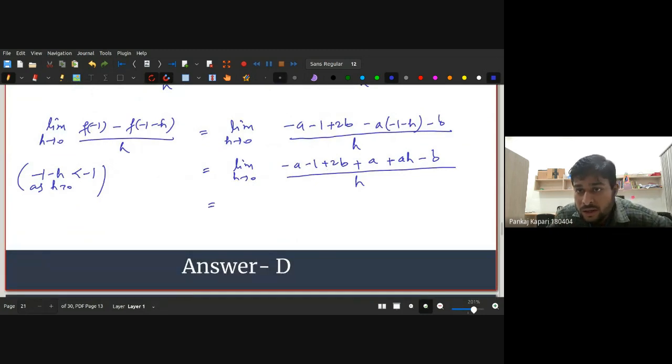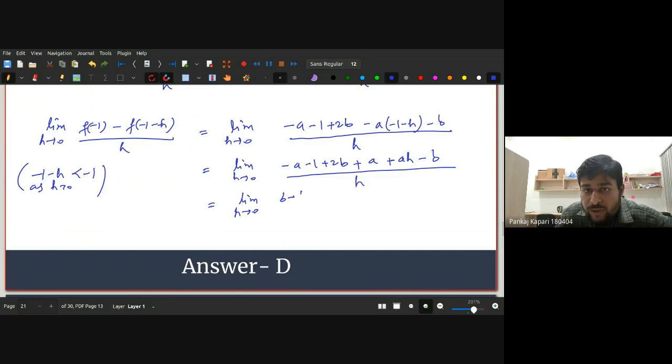So this a will cancel with this one. Limit h goes to 0, we'll have 2b minus b, which is b.